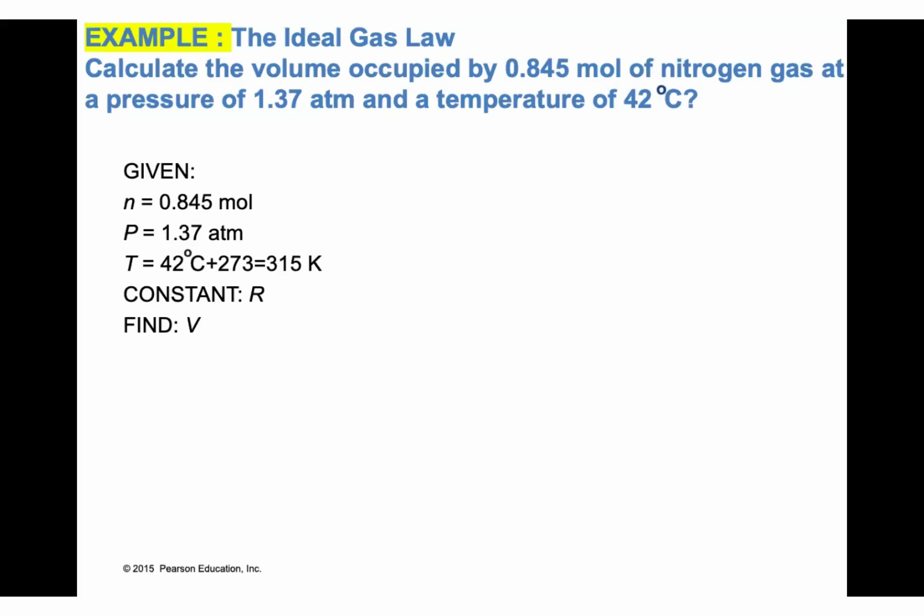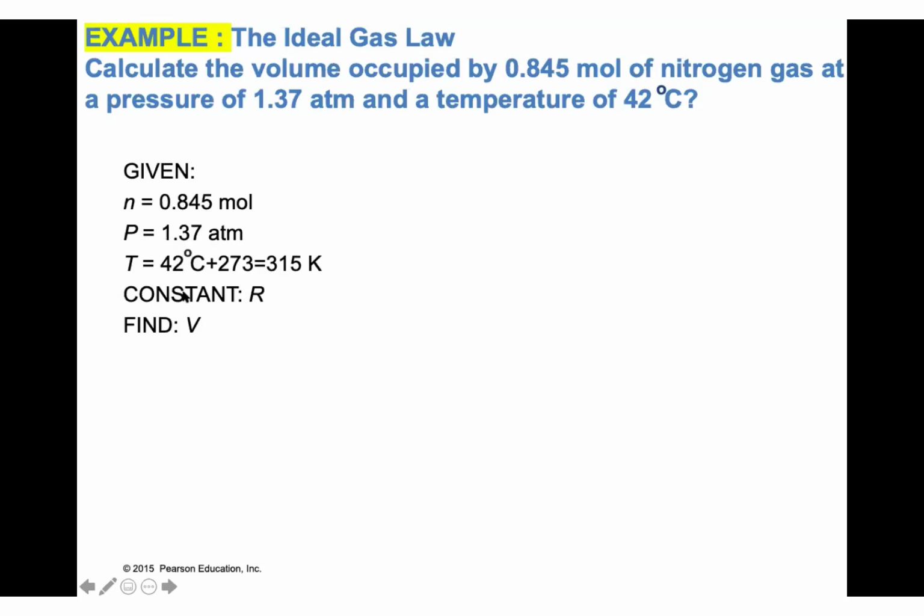It has only one of each of the pressure, temperature, mole, and also volume. So I recommend you always abbreviate and say, okay, I have only one of each here.